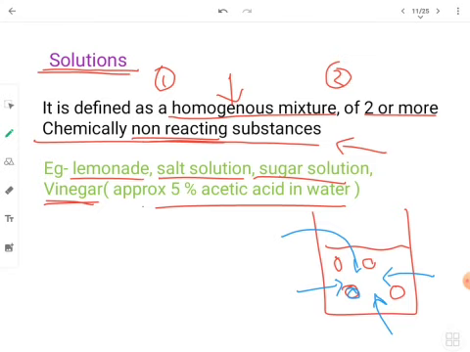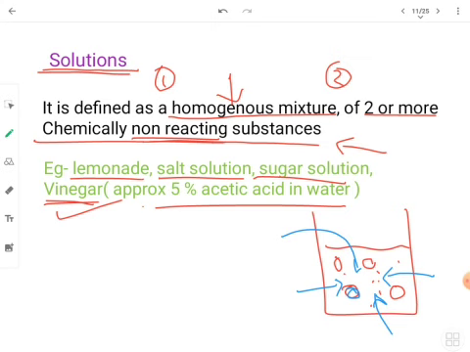So vinegar is an example of a true solution. I hope you are clear with this. No chemical reaction, they are just taking up the spaces in between, because you do remember the physical property of matter: particles of matter have spaces between them.